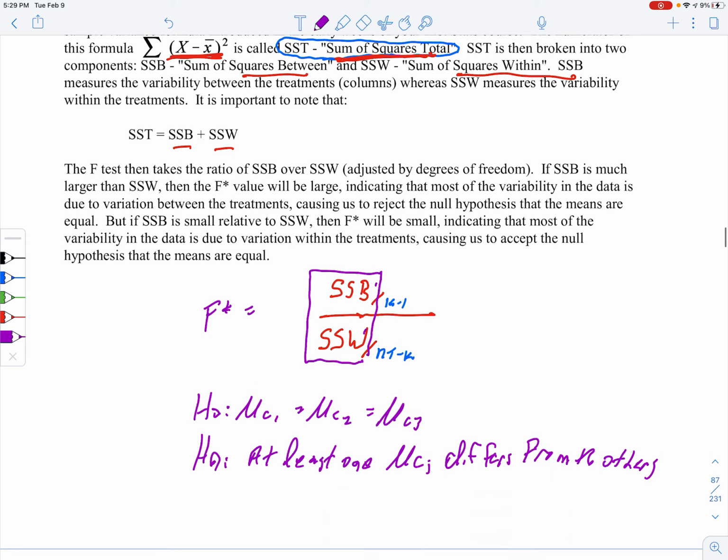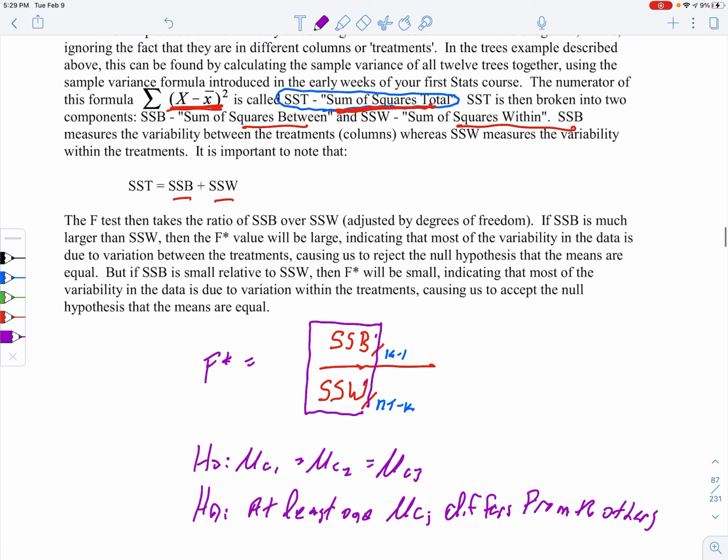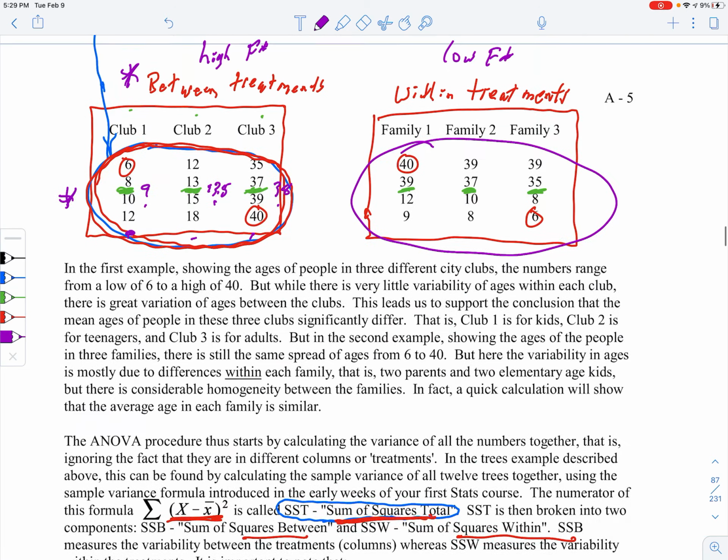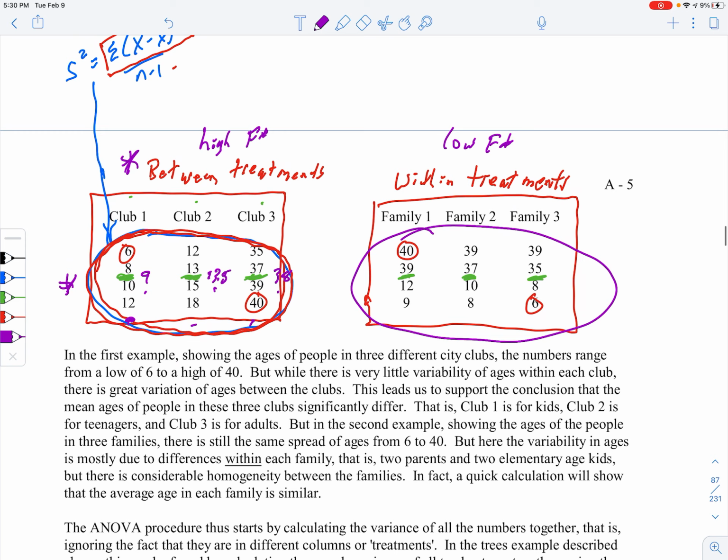And a big difference between them, where they're not equal and at least one differs from the other, is when you have a high F star value. So that's what we have when there are big differences between versus within, such as with the clubs.